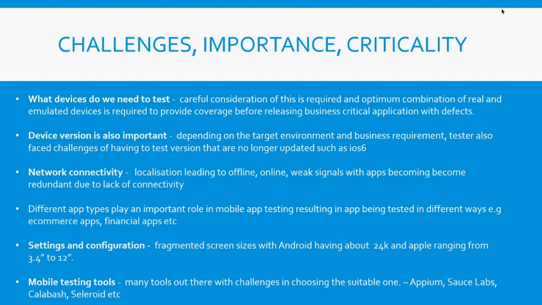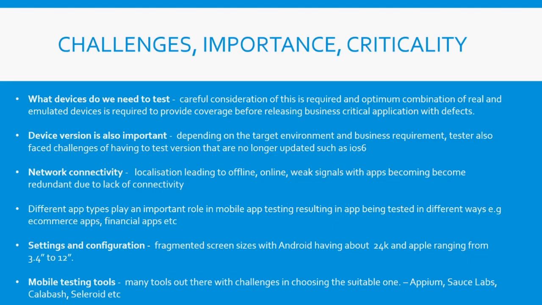You don't just go onto the cloud or the mobile application testing tool and run your application against everything you can find there. You need to have a list. This list has to be documented in the requirements document or the acceptance criteria.